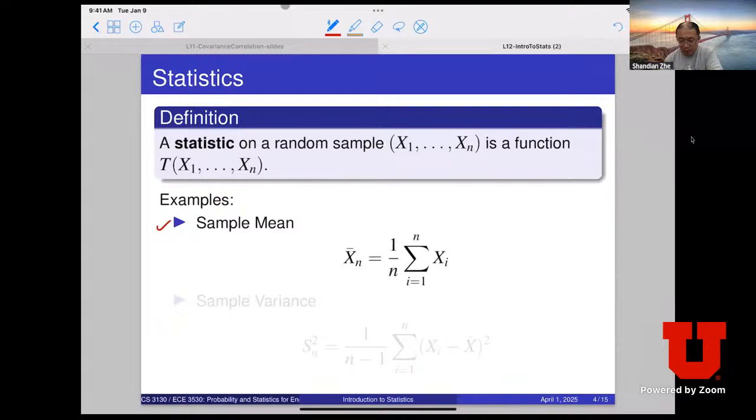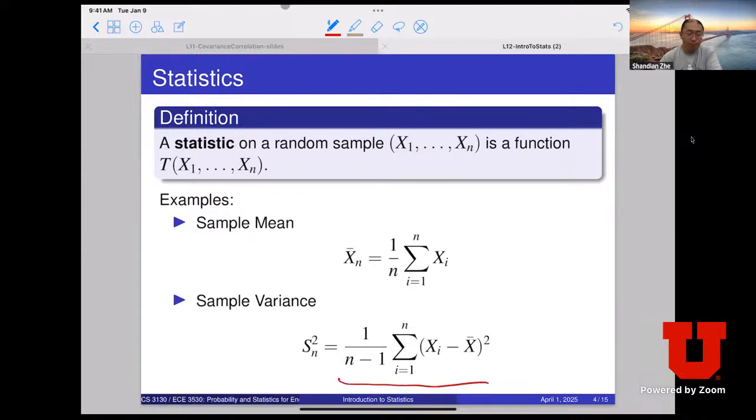Another example is called the sample variance, which is defined in this way. You first calculate the sample mean, x bar, which is simply the average of these n random variables in the random sample.